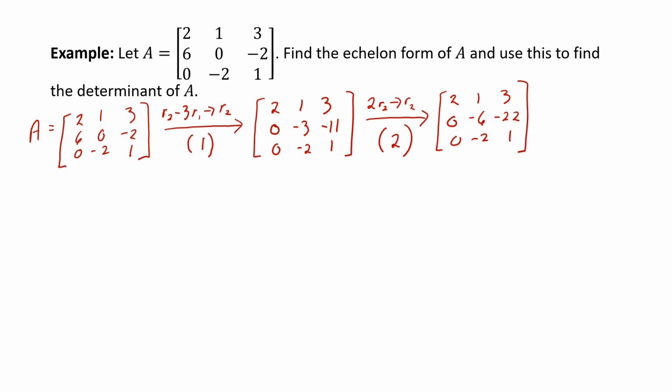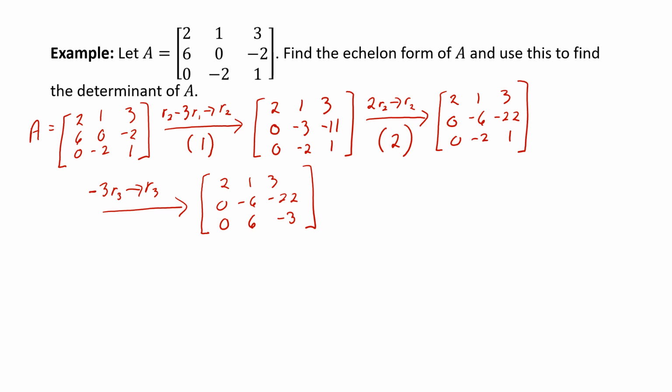So let's go on again. Let's take 3 times row 3 is my new row 3. In fact, I'm going to take -3, row 3 is my new row 3. So I'm going to do 2, 1, 3, 0, -6, -22. This gives me 0, 6, -3. Now there's nothing magical about the row operations I'm doing.